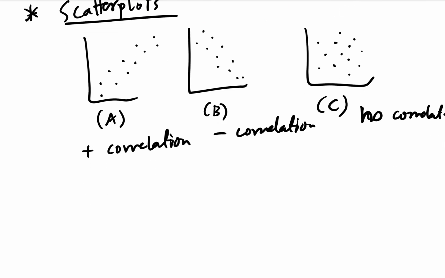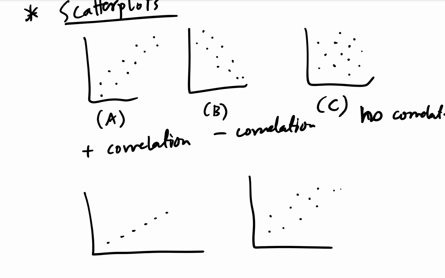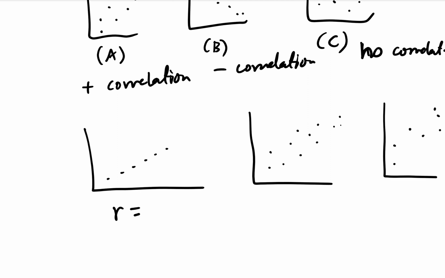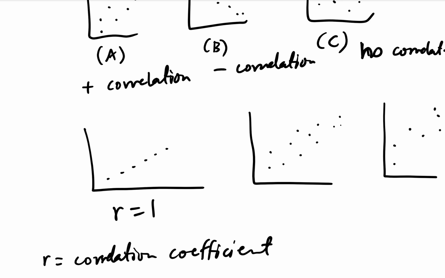So if we have something like this, first one, R is 1. R is what we call the correlation coefficient. So when R is 1, you get a perfect positive correlation. Here R is close to 1.